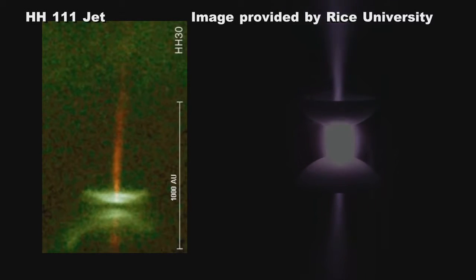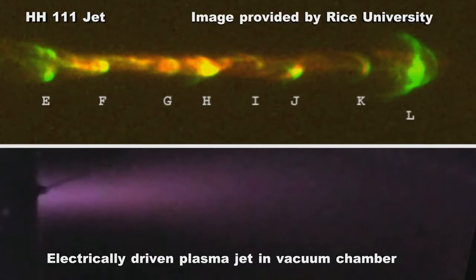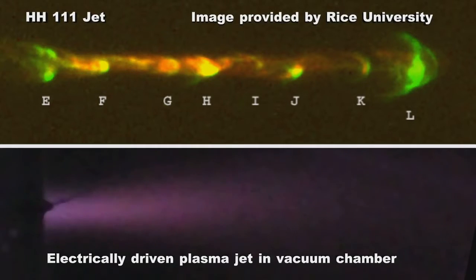The externally electrically driven plasma jet, as shown in the lower image, is very steady and it fades gradually, whereas the jet of HH111 has dramatic pulse formations and a sudden cutoff at the tip.